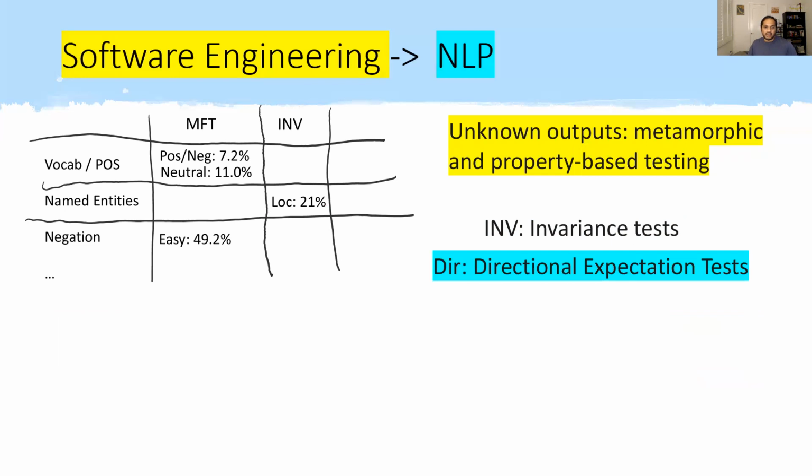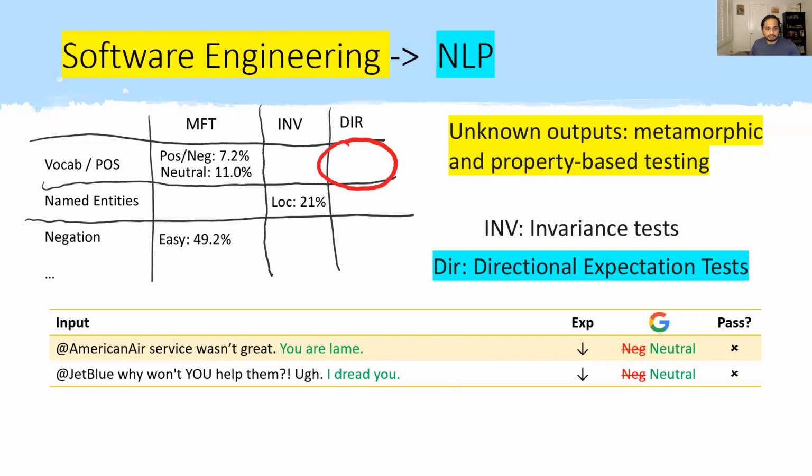We have another version of these perturbation tests, which we call directional expectation tests, where we again change the input, but we expect the output to change a certain way. This is again easy to see with an example. We're going to look at the vocabulary capability again and see what directional tests look like for that. Here's an example. The American Air service wasn't great. You are lame.